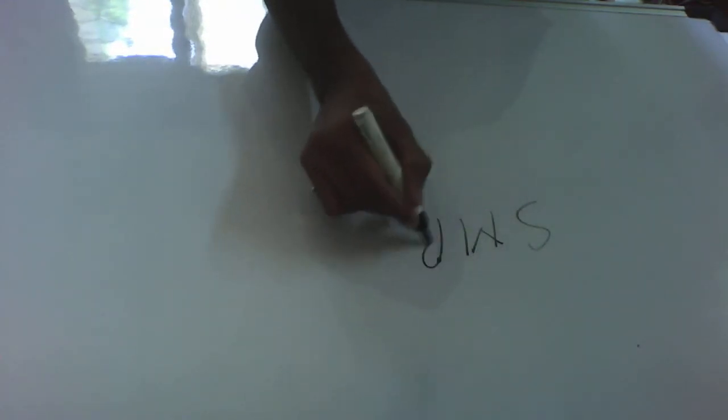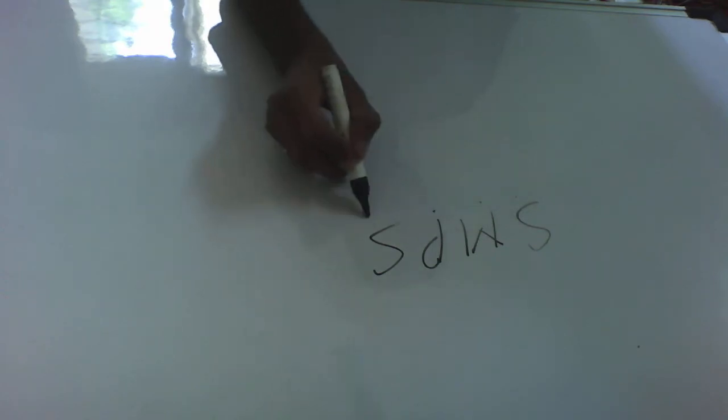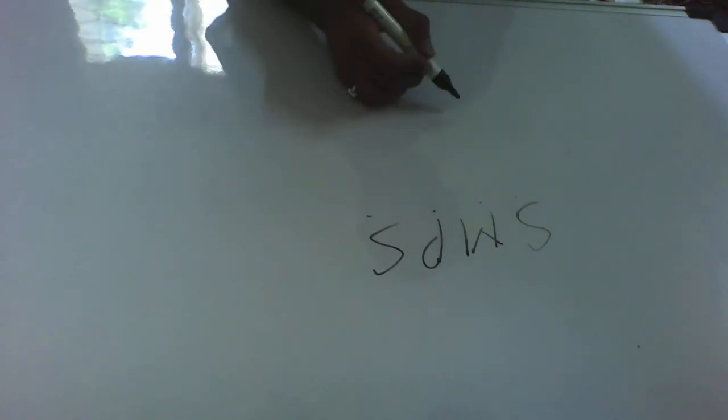Coming back to SMPS. SMPS is used to convert AC to DC. We have just understood how AC and DC are different from each other. So the name indicates switch mode power supply, which can supply power with different voltage ratings.